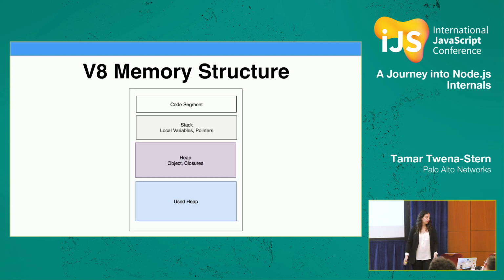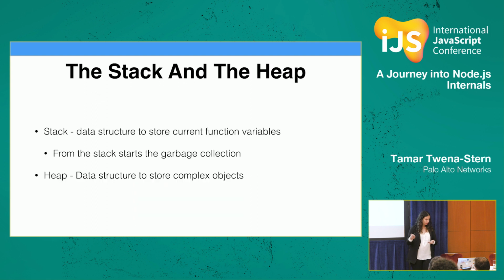So let's talk a little bit about the V8 memory management structure. We have a code segment, and there the code is running. We have a stack. The stack is a data structure for local variables and pointers. We have a heap. In the heap, we have objects and closures. The heap is divided into a used heap and free space.